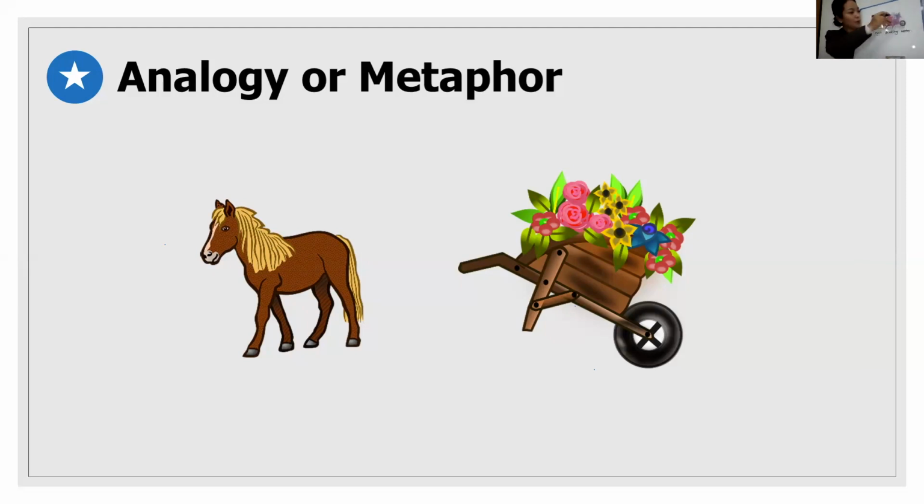Like this, put the horse and cart together. Is not and isn't. Yes, like this. So this kind of process will help them remember where they should put the not in the sentences.